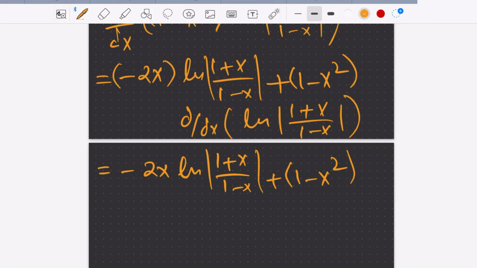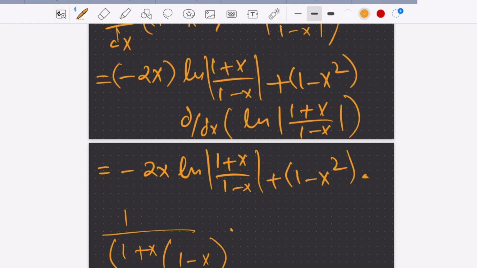So simplifying this, I will get 1 over (1 plus x over 1 minus x), times the derivative of the part without the log, which is 1 plus x over 1 minus x.